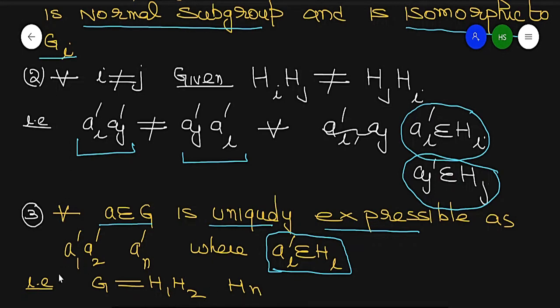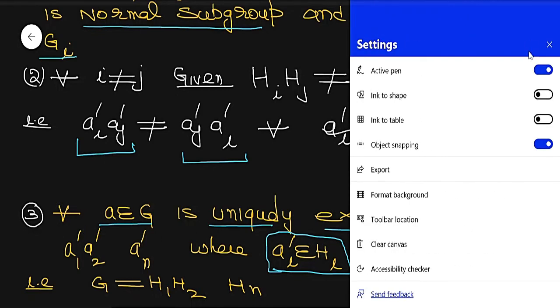So this is a theorem as well as the definition of the internal direct product. If the binary composition is multiplication, it is the internal direct product; if the binary composition is addition, then it becomes the direct sum. Now we will prove this theorem step by step.